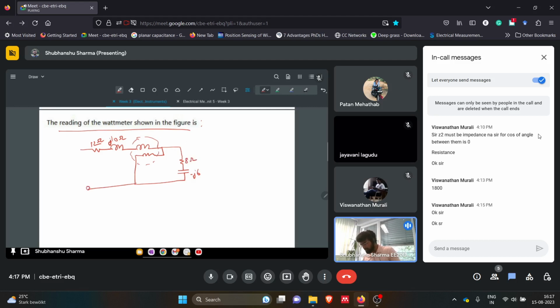Okay, so this is the circuit. We have a supply here which is 200 volts. Just they have given 200 volts. So you have to calculate the reading of the wattmeter. They have mentioned the M and L, this is the convention of these coils, CMLCV. Okay, so now you have to calculate this.